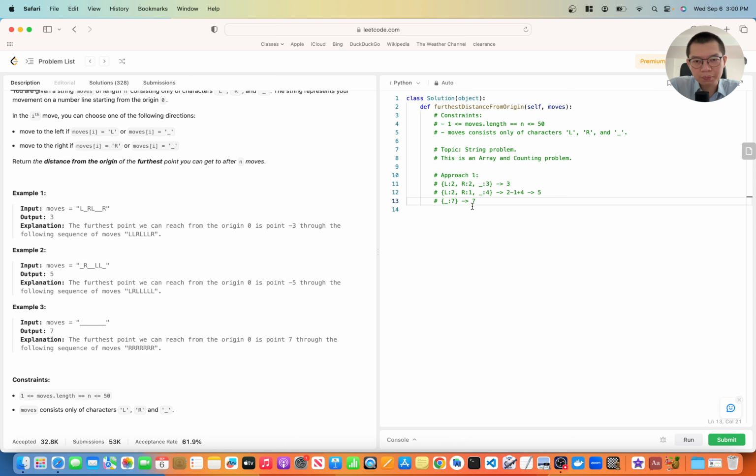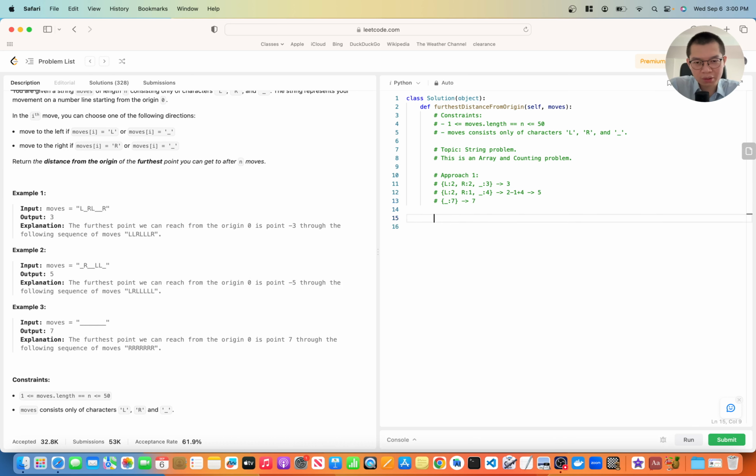And in other cases, when the left and the right are equal to each other, or you just get a bunch of underscores, then you just return the value of the underscores. So this is the intuition behind the algorithm.